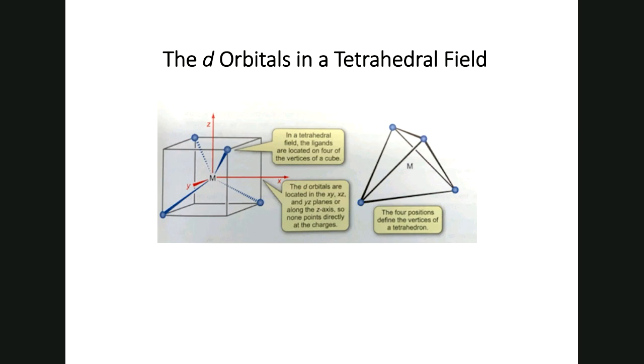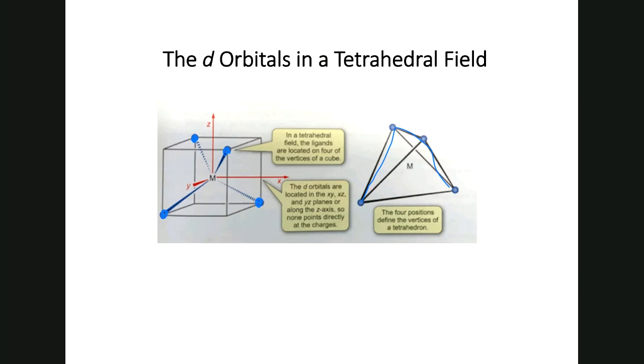All right, so for tetrahedral, now we're going to look at a cube, right? So here is my octahedron, and if I were to put it into a cube, my ligands now will be here on the vertices of my cube.